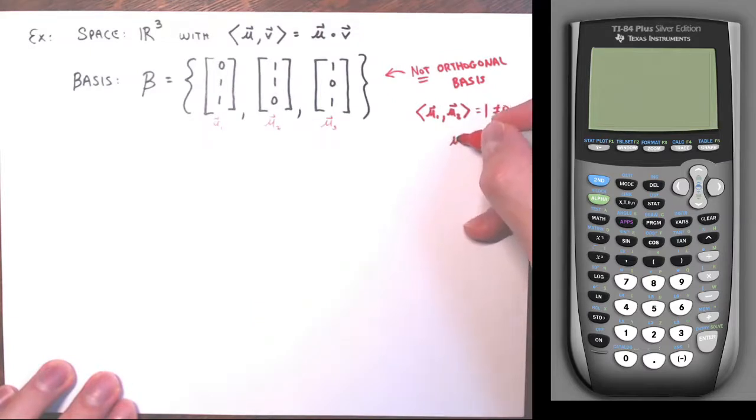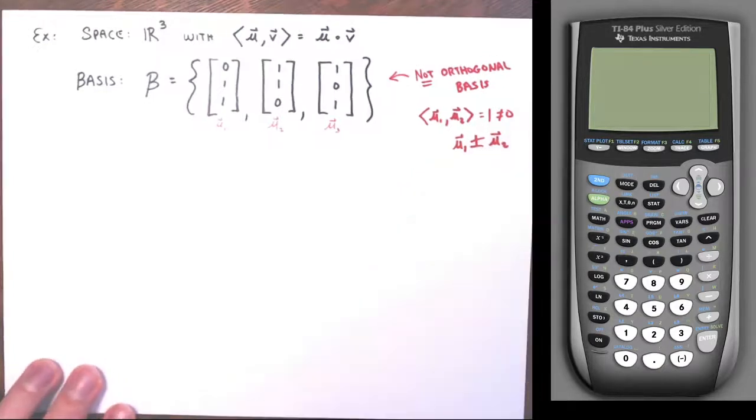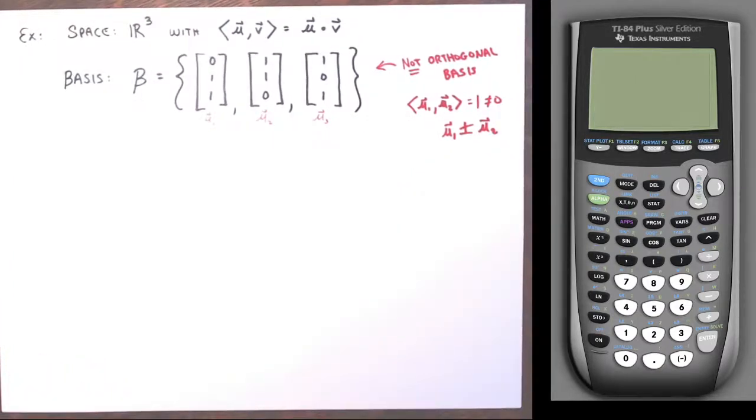So U1 is not orthogonal to U2. And that's all you need to show that a basis is not orthogonal, just show that one pair of vectors isn't orthogonal. Because remember, for a set to be orthogonal, every pair of vectors has to be orthogonal, or they might say pairwise orthogonal. All right, so it's not an orthogonal basis, so then we can start going through this Gram-Schmidt process to construct an orthogonal basis.